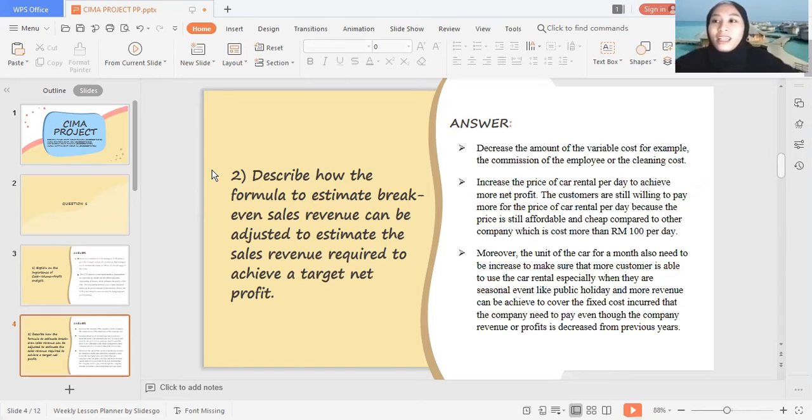I am Izarin Fauza and I will explain how the formula to estimate break-even sales revenue can be adjusted to estimate the sales revenue required to achieve a target net profit. For example, if the car rental for a year is 12,000 units, the overall fixed cost is 12,000 million.